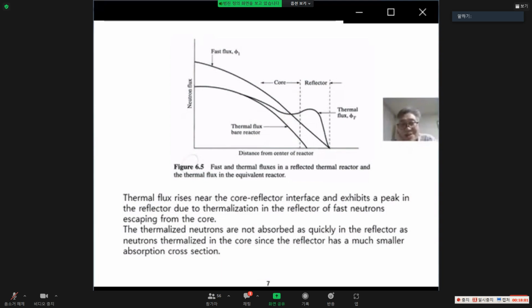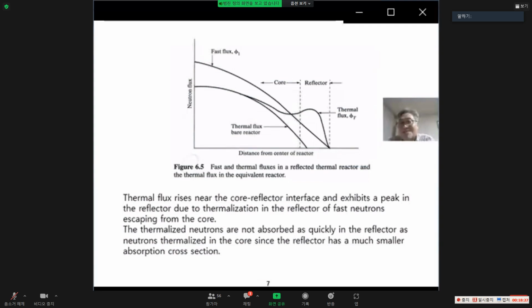There is a thermal flux for the bare reactor and a thermal flux for the reflected reactor. The first thing we can see is that for the bare reactor and reflected reactor, the fast flux phi 1 is the same.